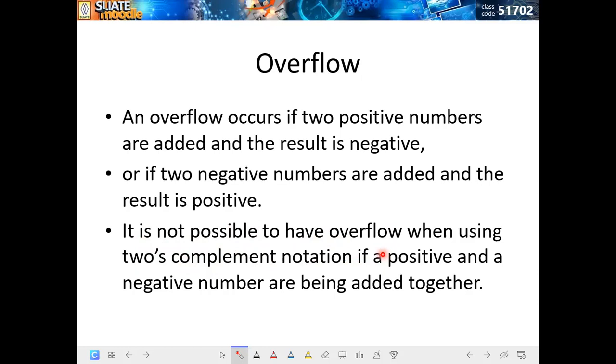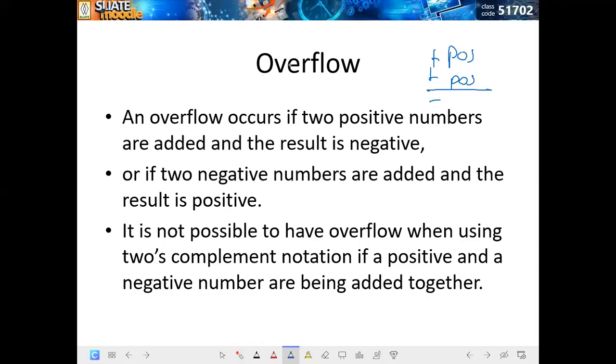There's no possible overflow when you add a negative number, a 2's complemented negative number, and a positive number together. It will not happen. Then you have to be careful in what situations. When you add two positive numbers, you get a negative.